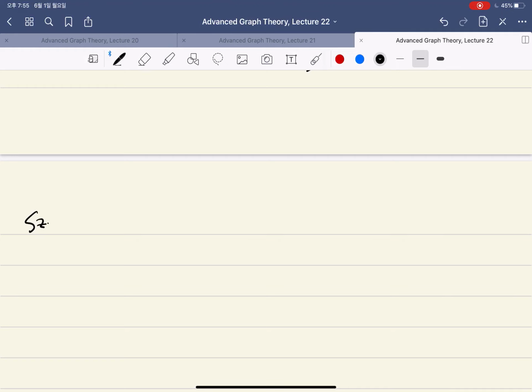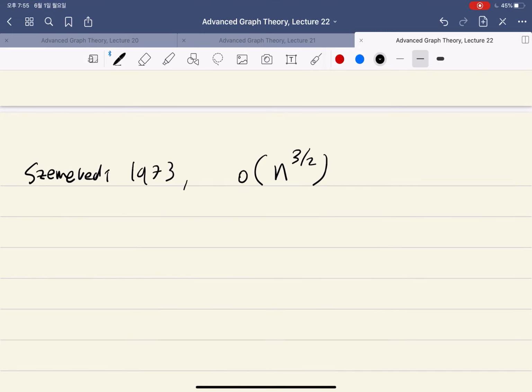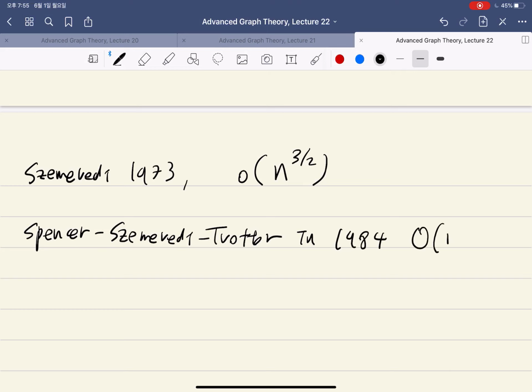And Szemerédi in 1973 showed that this is strictly smaller than n to the 3 over 2. It's some function which is little o of n to the 3 over 2. He used a complicated argument using the regularity lemma. And later, Spencer, Szemerédi, and Trotter in 1984 proved big O of n to the 4 over 3, which is a better bound than n to the 1.5.